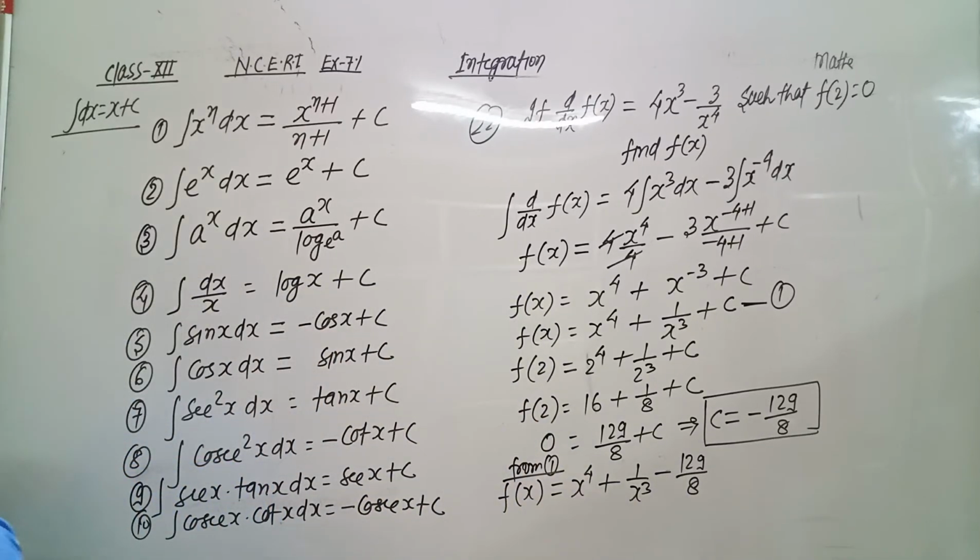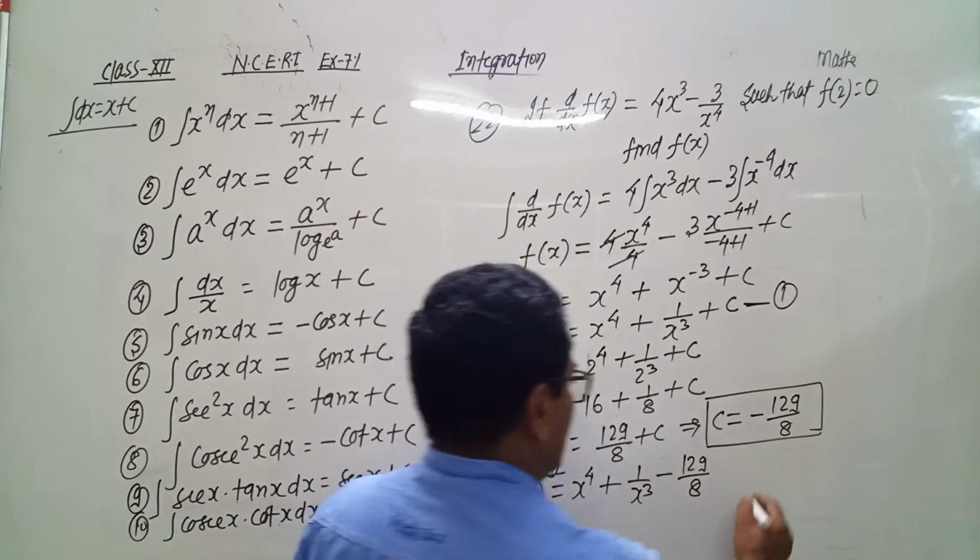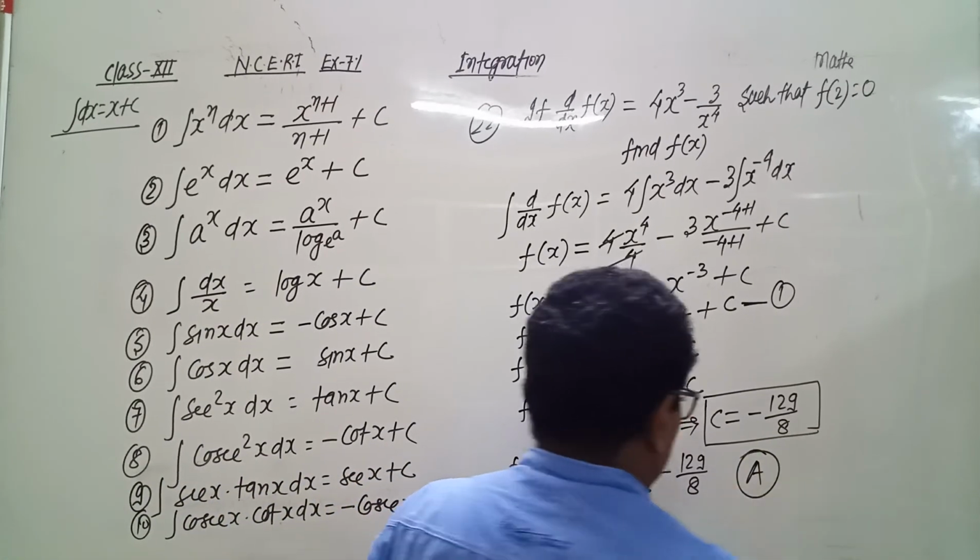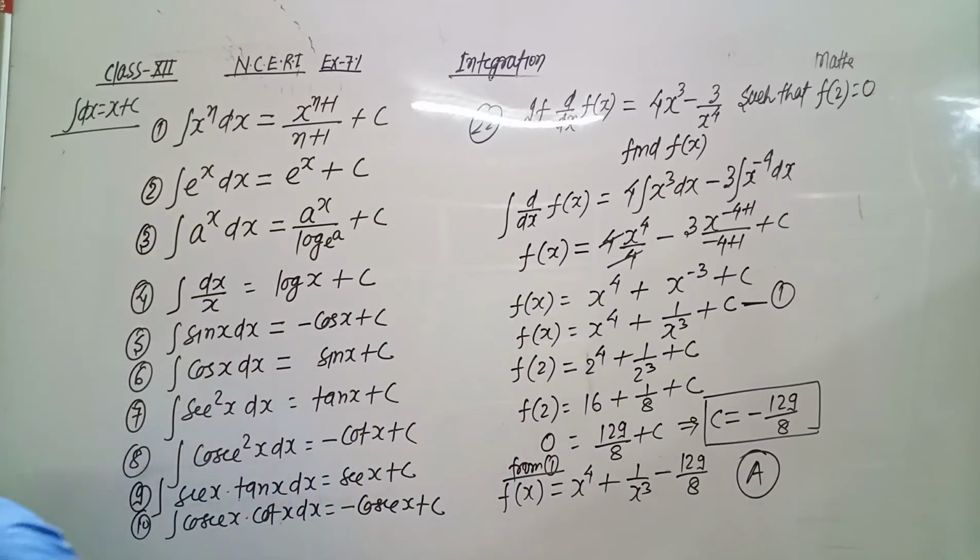So the correct option is x^4 plus 1 by x cube minus 129 by 8. A is the correct option. So we have completed exercise 7.1.